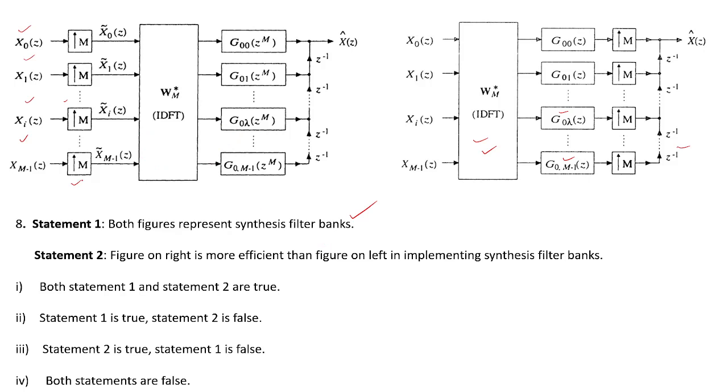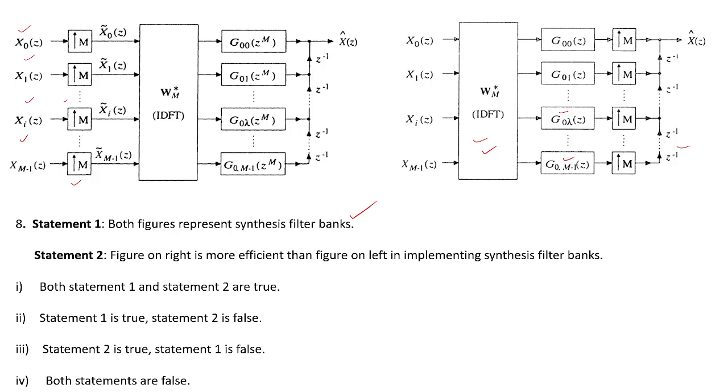So in the beginning you are introducing additional zeros, and then you are wasting your computational resources performing computation over these zero valued samples. Suppose upsampling by a factor of m, you are introducing additional m minus 1 zeros, and then you perform this IDFT operation. You are spending your computational resources over these additional 0 samples, and then you are performing filtering also. So the computation becomes a lot more expensive.